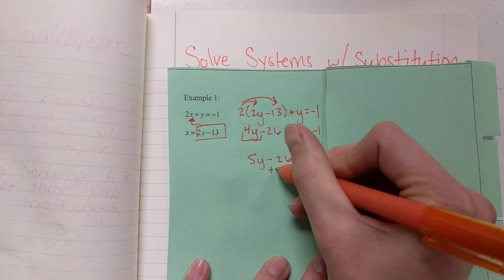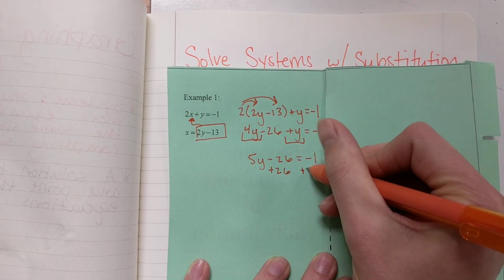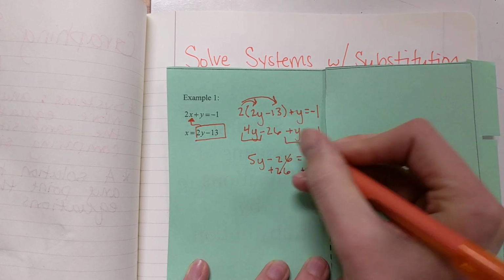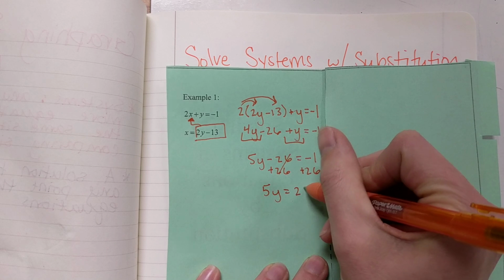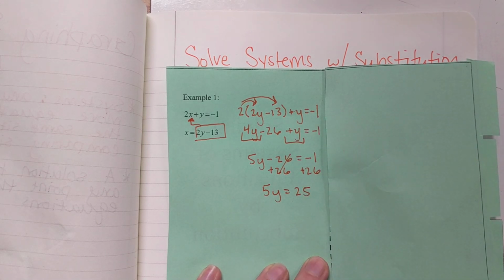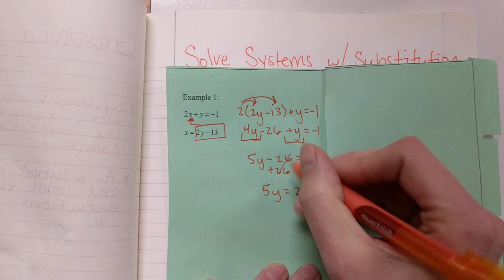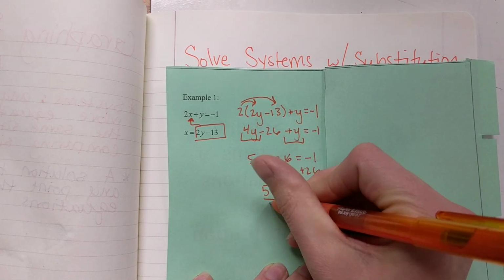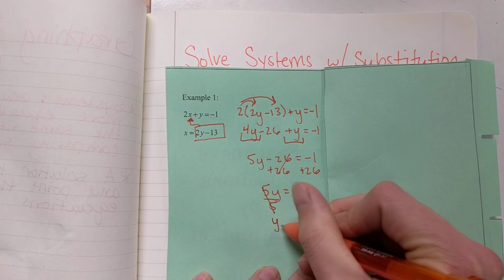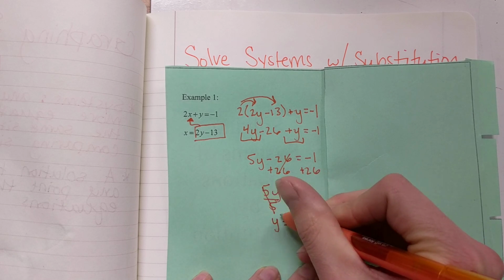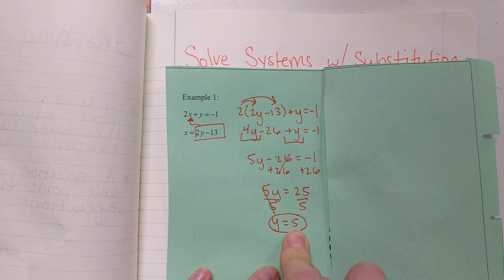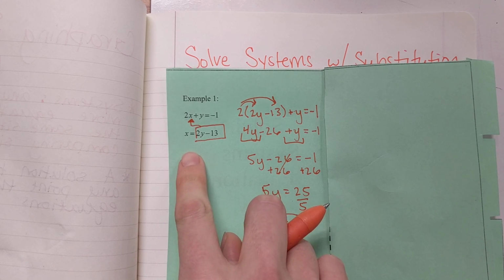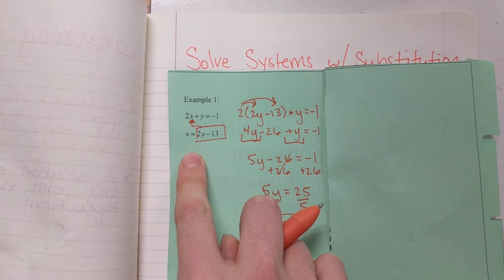So now I'm going to add 26 to both sides, and I get that 5y equals 25 because negative 1 plus 26 is 25. Divide by 5. And I find out that y equals 5. So now that I know what y equals, I can substitute that into one of the equations to figure out what x equals.